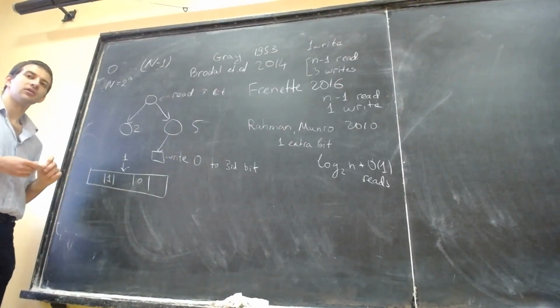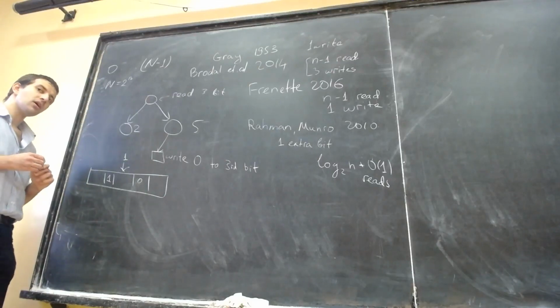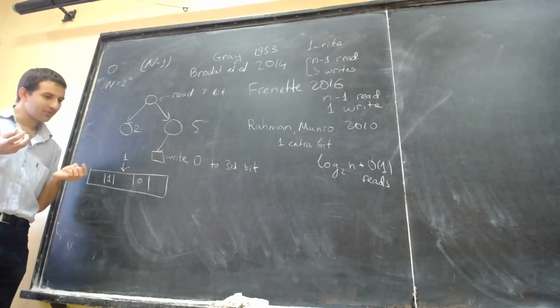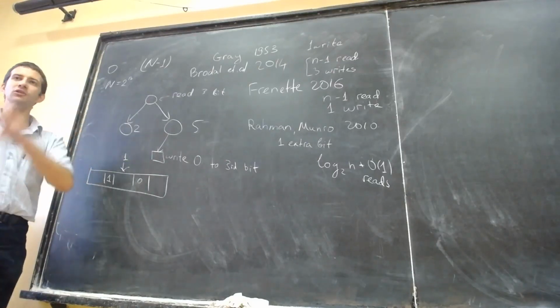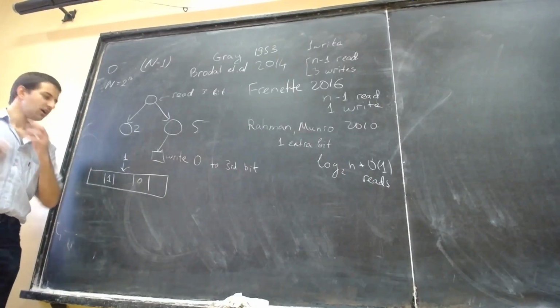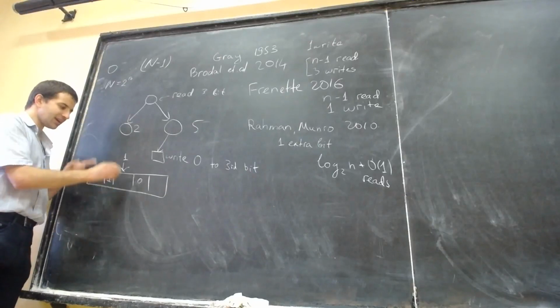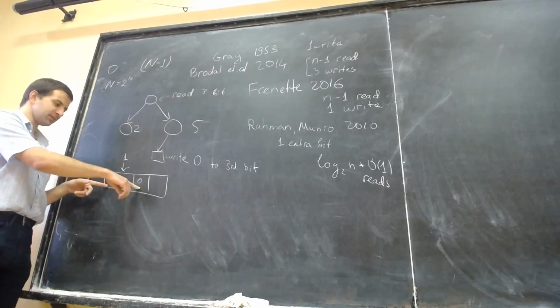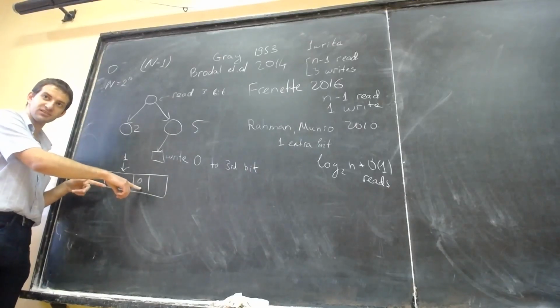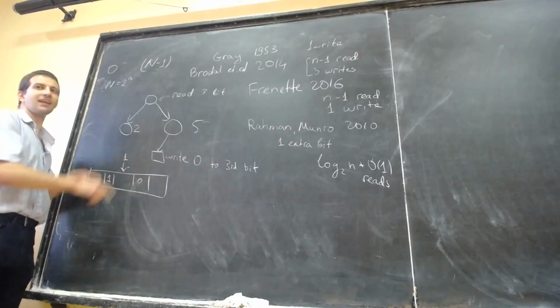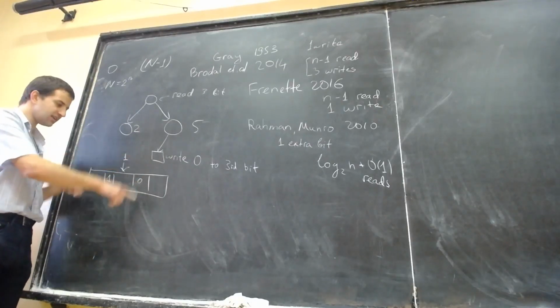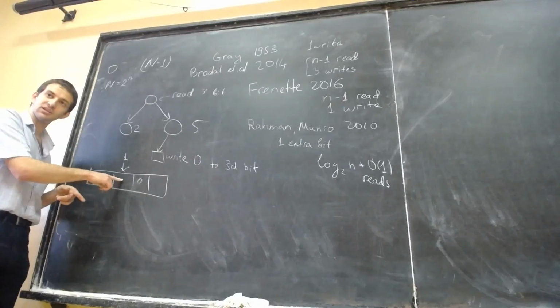But if they differ in some other bit, not that one... The point is, if we use all the combinations, then I have a combination which has these red bits and 1 here, and I have a combination which has these red bits and 0 here.